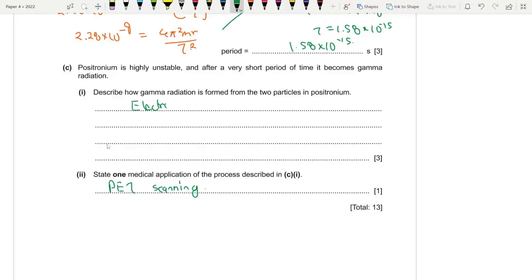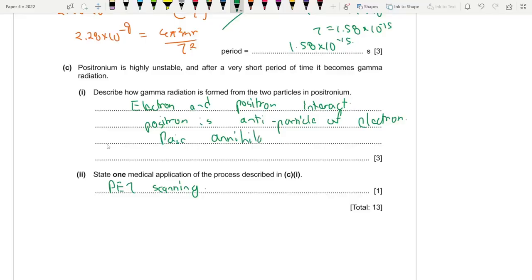So the electron and positron interact, and the positron is the antiparticle of the electron. I told you this at the beginning. So this thing is called pair annihilation. Pair annihilation occurs. All right.